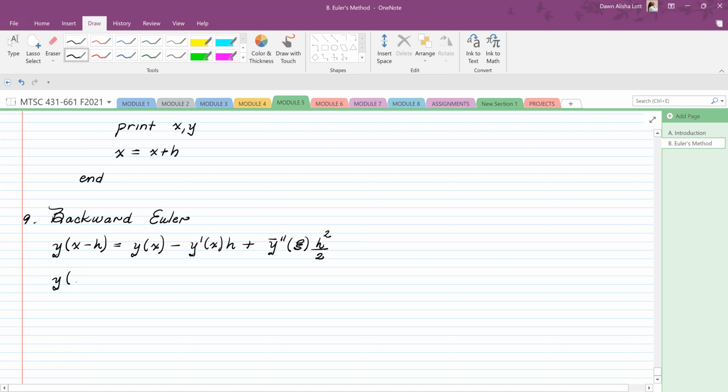So this should be y at x is equal to y at x plus h minus y prime at x plus h times h plus y double prime at c h squared over 2.